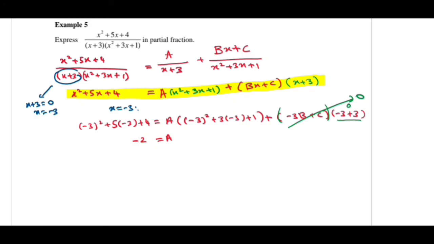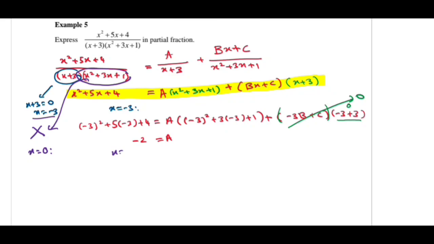The next value of x, you should get it from the other factor. But this other factor is a quadratic with very long numbers of x. So you will not choose this. You can choose any other values of x which are simpler. 0 is not used, so you can just simply use 0.